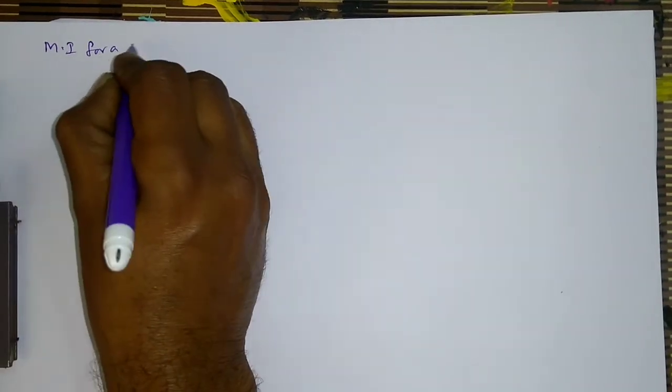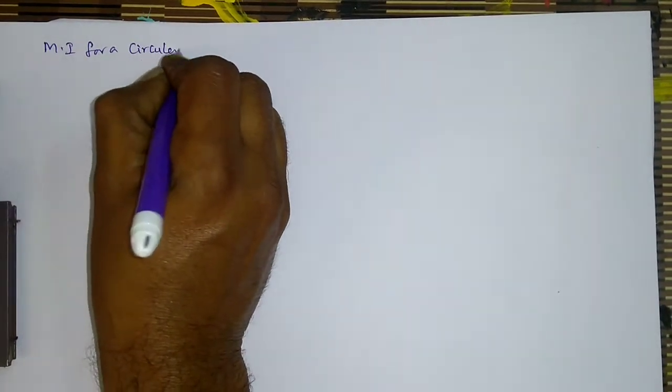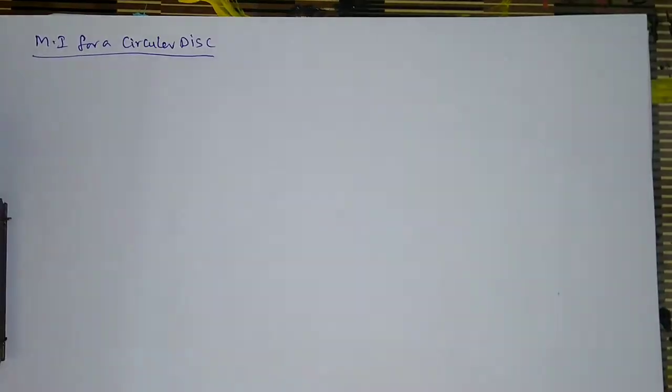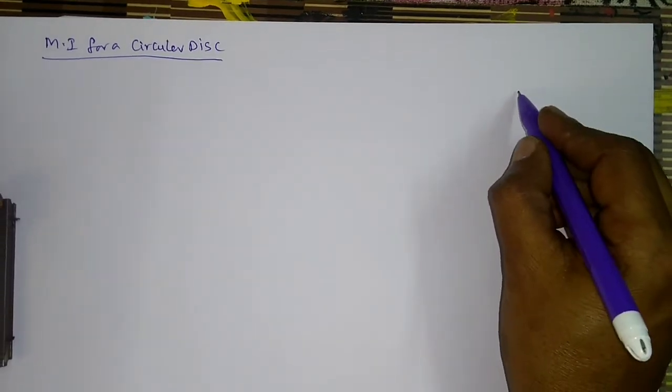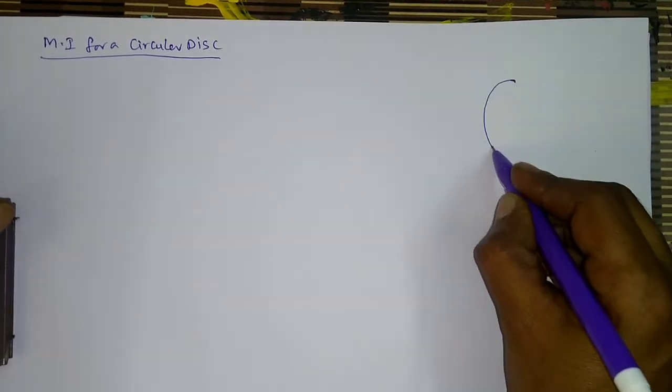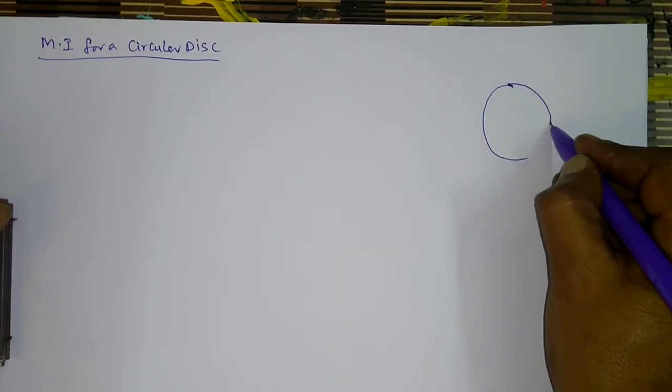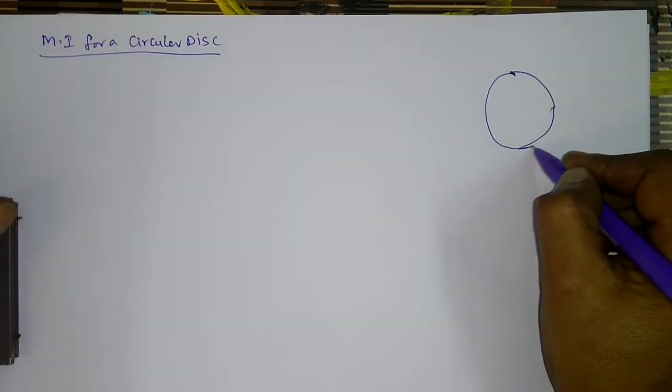Now, the moment of inertia for a circular disc. As you know, a disc is a combination of rings, let us say. As usual, this is a disc, so matter will be existing inside.